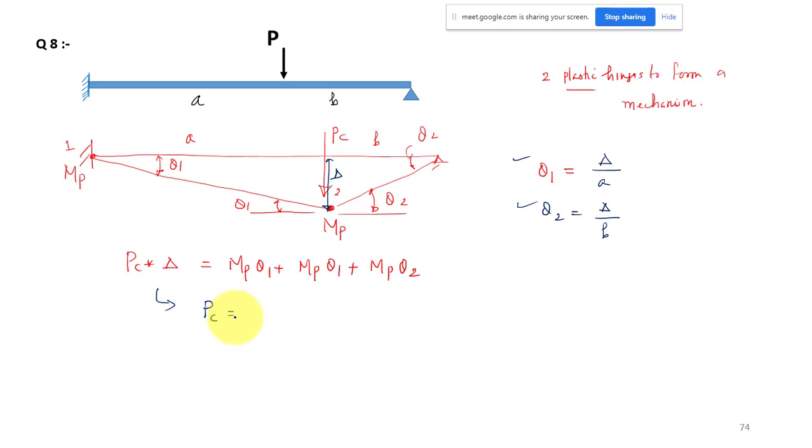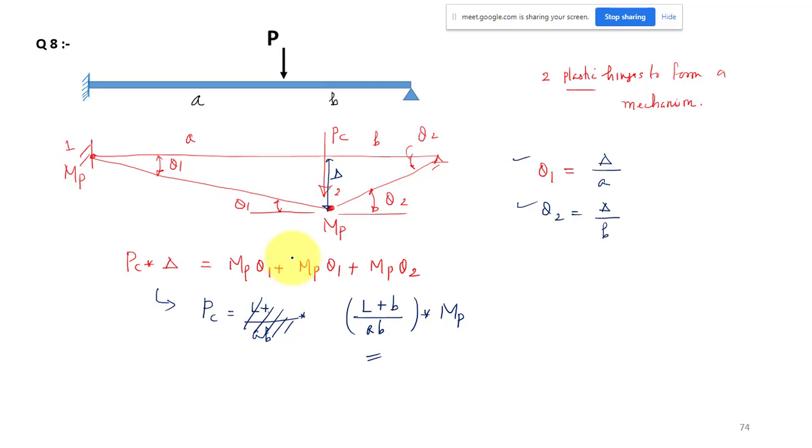This will be your final result: PC equals L plus B divided by AB, into MB. So you can solve it on your own and compare. This will be your collapse load. The procedure is simple, same as question number 7. There is no change.